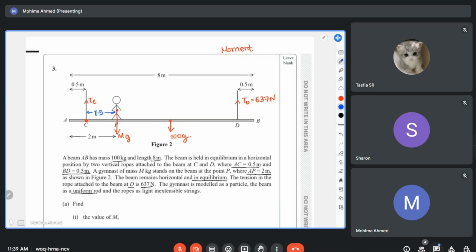The distance from C to the center of mass is 4 minus half, that's going to be 3.5 meters. And finally, between C and D, that will be 7, right? Half minus half, the entire length was 8. So this half and this half create 1. So in between them, they have a 7-meter length.